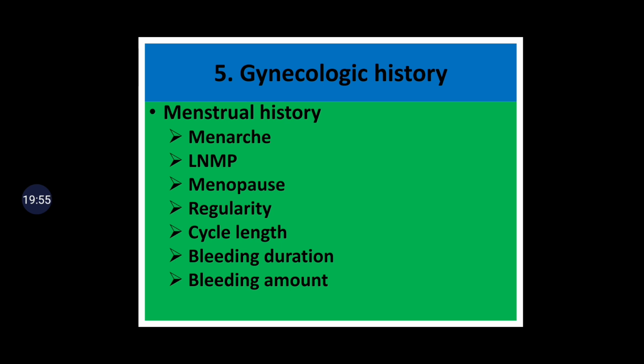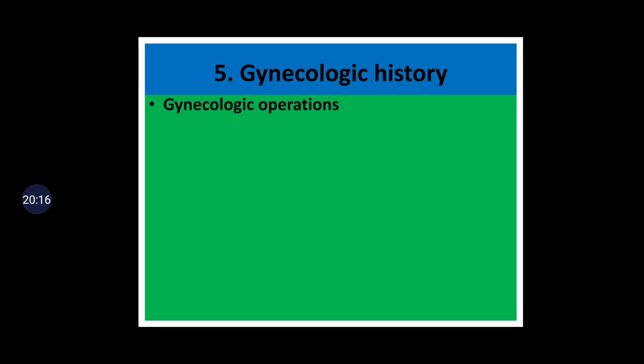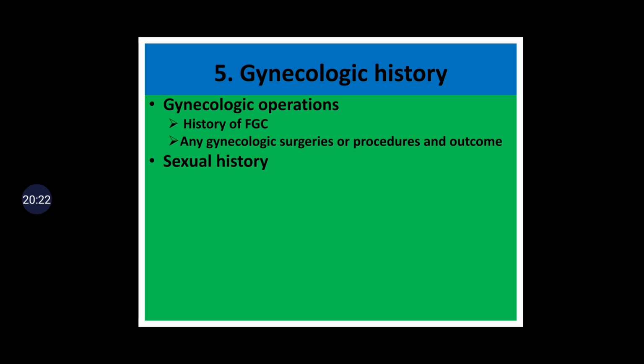Bleeding amount: the normal bleeding amount is 20 to 80 ml. Ask how many pads she uses, whether the pads are completely soaked, the presence of clots, and others. If it is more than 80 ml, it is excessive bleeding, menorrhagia. If it is light bleeding, we call it hypomenorrhea. Gynecologic operations: history of female genital cutting, any gynecologic surgeries or procedures and outcome.